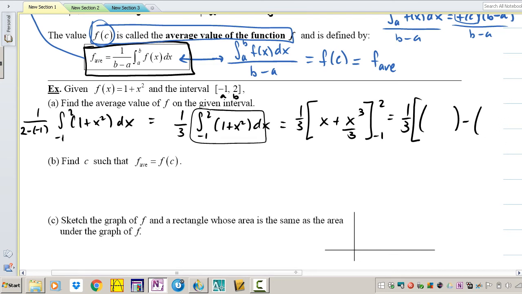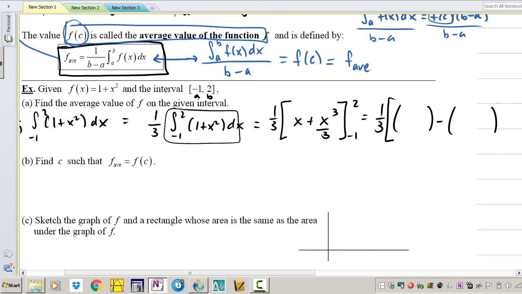Let's see, I might need a little more space. Okay, so if I plug in 2 for every x, it's going to be 2 plus 2 cubed over 3, minus negative 1 plus negative 1 cubed over 3. Oh, not squared, I messed up here. It's not squared, it's just x. So it's 2 plus 8 over 3.